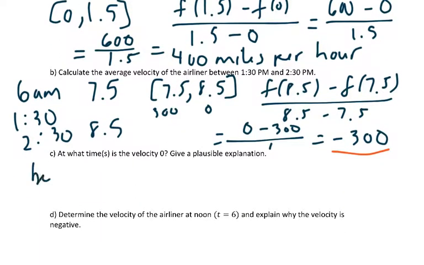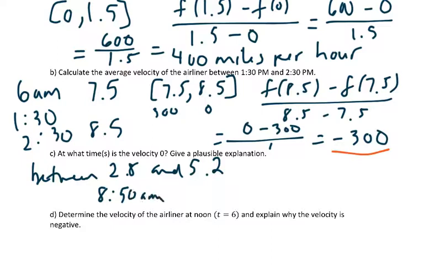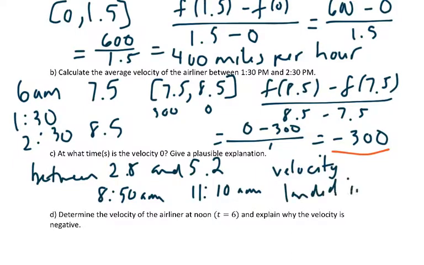So remember, we started at 6 a.m. So like 8:50 a.m. and 11 to 10 a.m. the velocity is 0. That's probably when they were landed and not moving in Minneapolis.